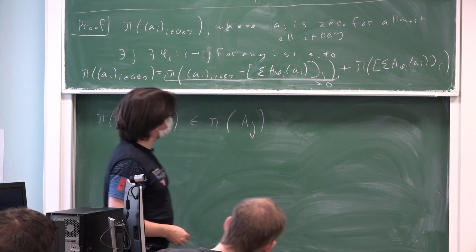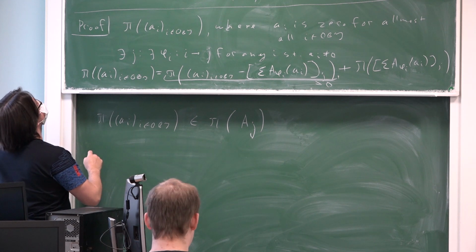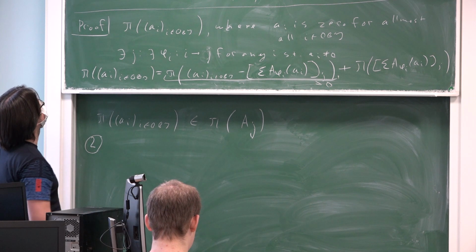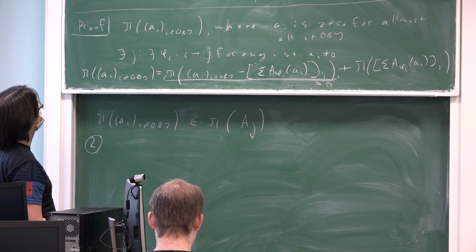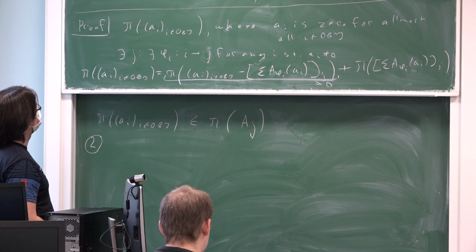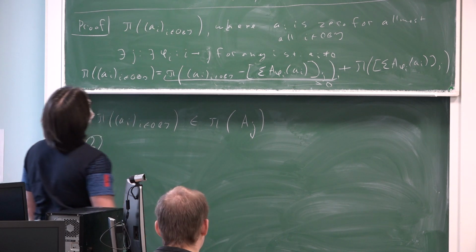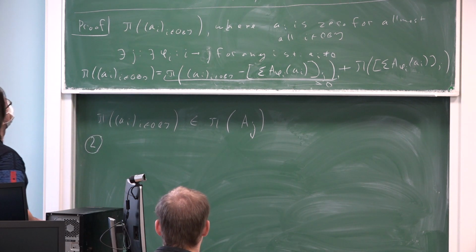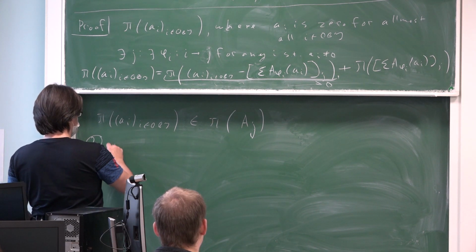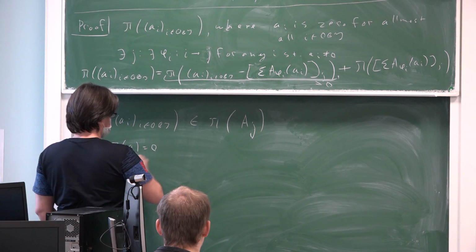The second part is not difficult, but well, it's not very intelligent, and it's more difficult from a technical point of view. So let us take some element in A_i that goes to 0. So pi of a is 0.